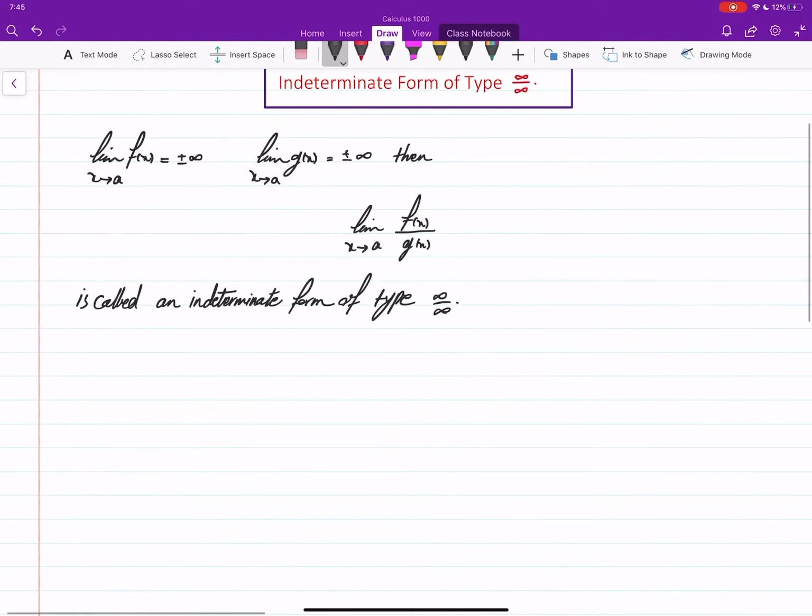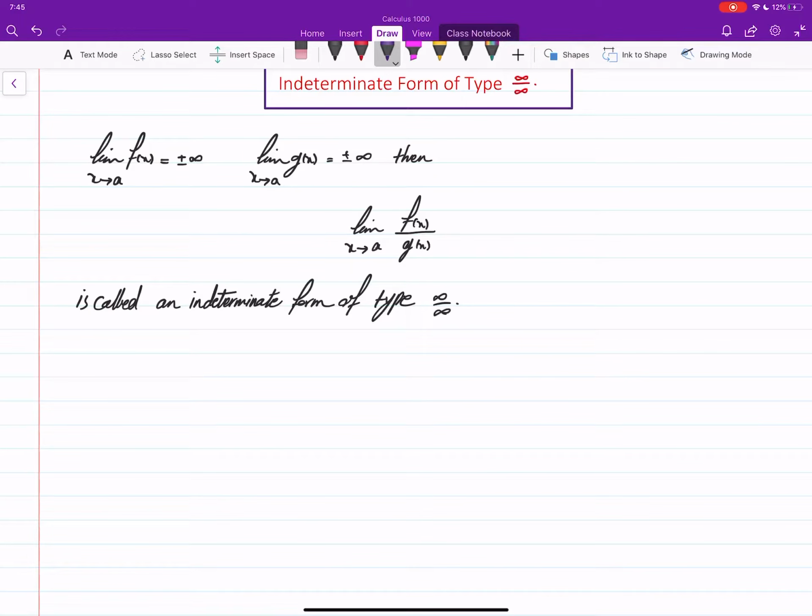Okay, well, we actually already have seen these cases. For example, when we have a rational function, as an example, this function x squared minus x plus 1 over 3x cubed plus 2x plus 1 as x approaches plus infinity. Well, remember that in these cases you can see right away that we have infinity over infinity.